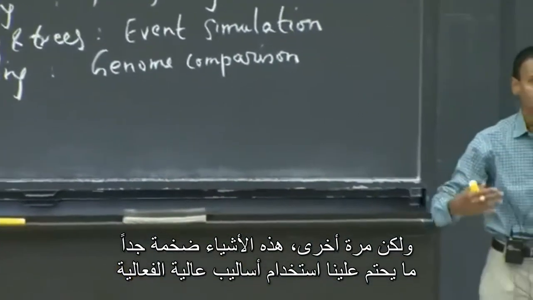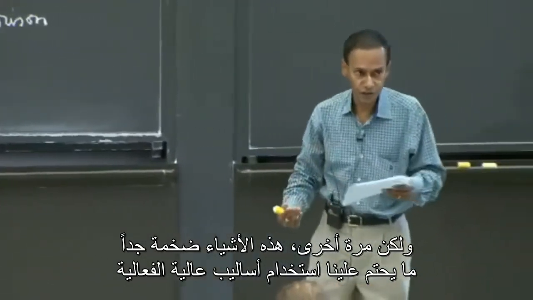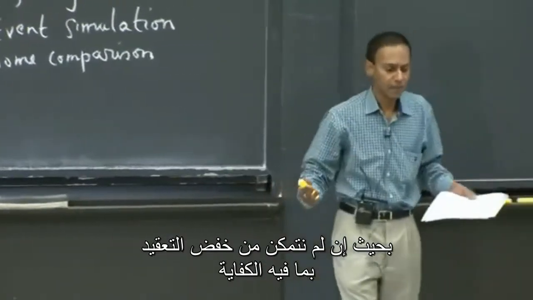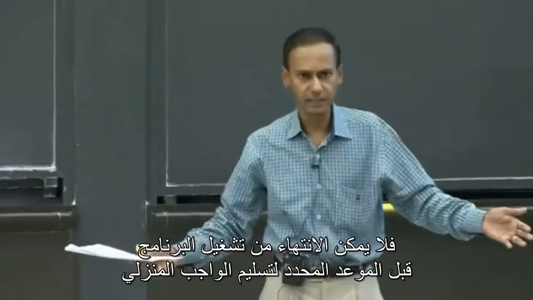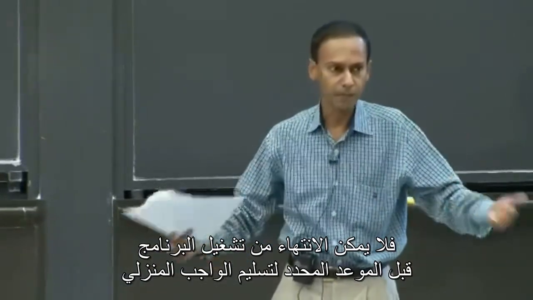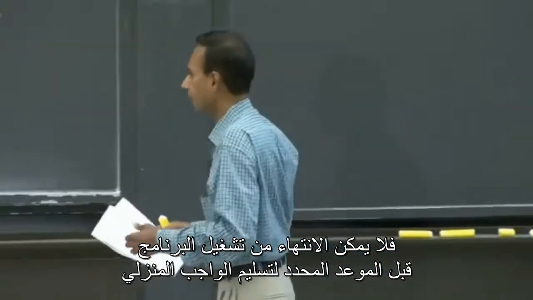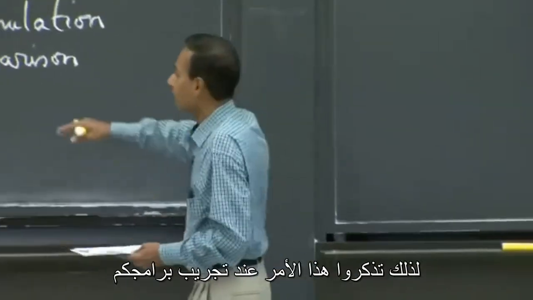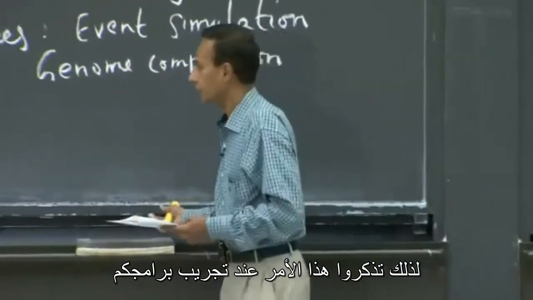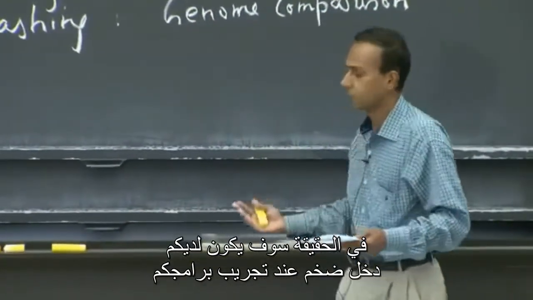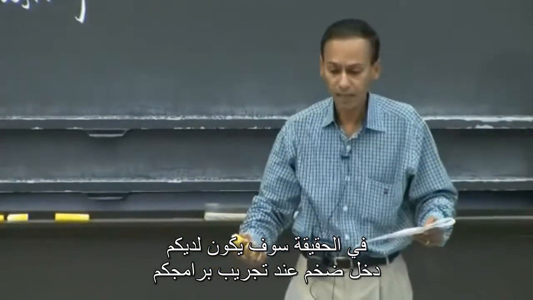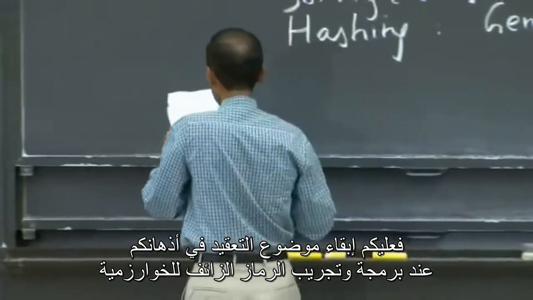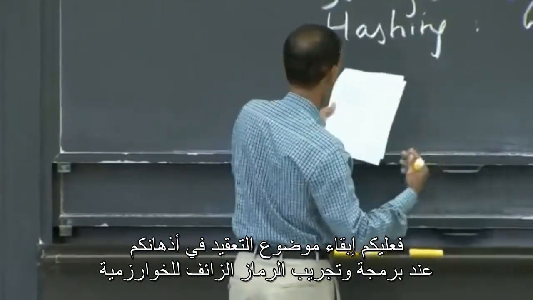But again, these things are so large that you have to have efficiency in the comparison methods that you use, and you'll find that if you don't get the complexity low enough, your program won't be able to finish running within the time that your problem set is due, right? Which is a bit of a problem. So that's something to keep in mind as you test your code. The fact is that you will get large inputs to run your code, and you want to keep complexity in mind as you're coding and thinking about the pseudocode, if you will, of your algorithm itself.